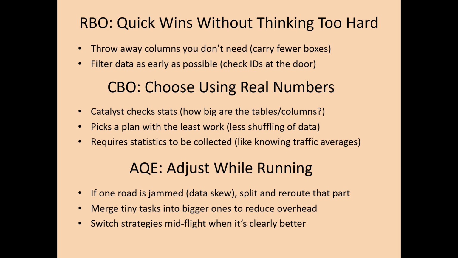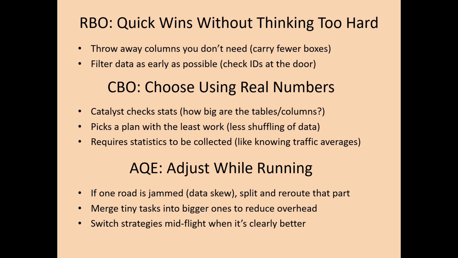I mean, whenever required, even while processing, it will do that for you. So it has the ability to switch strategies, I mean, how it will do the work. It has that ability to switch the strategy midway while processing itself.